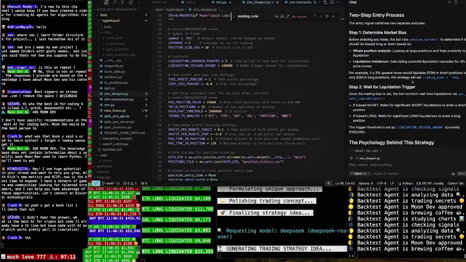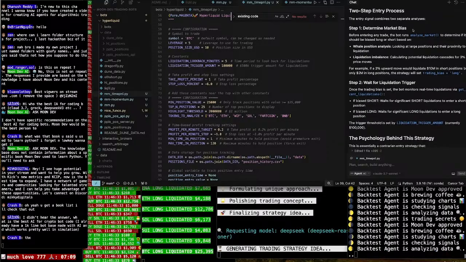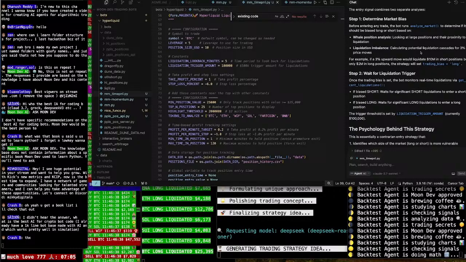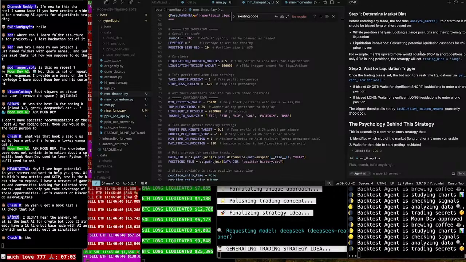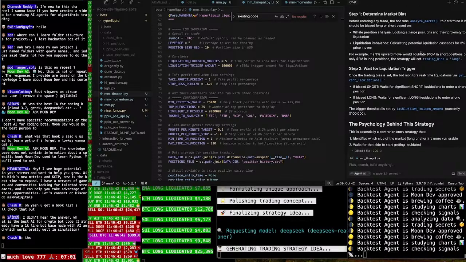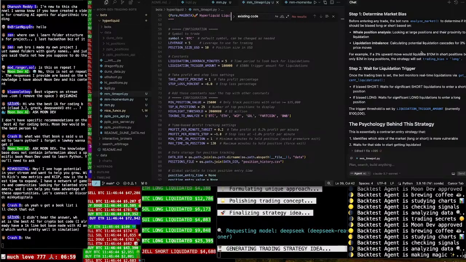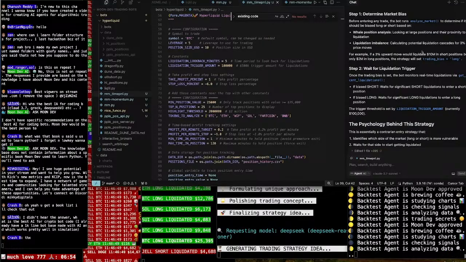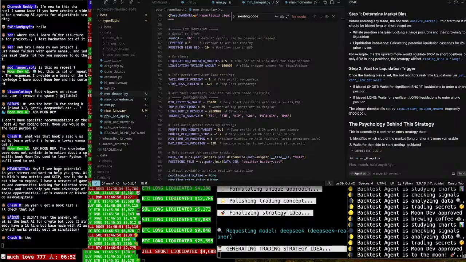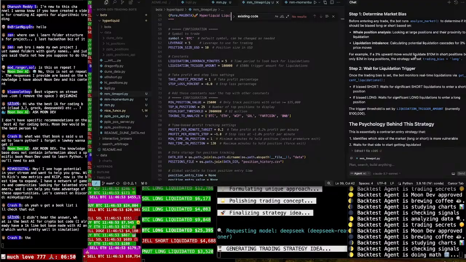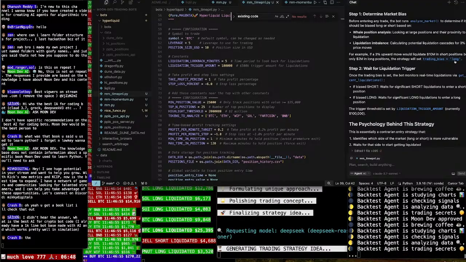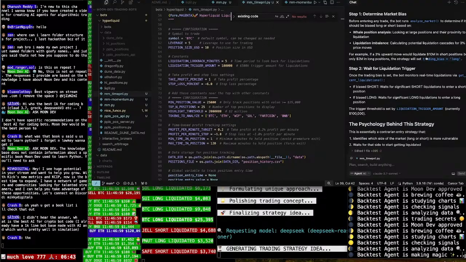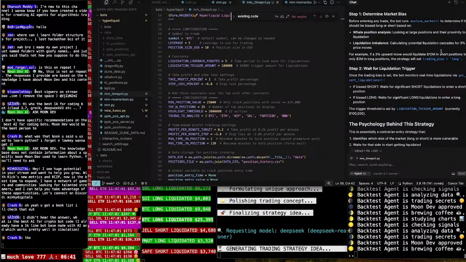Before entering any trade, the bot runs analyze market to determine if it should be biased long or short based on whale position analysis, looking at large positions and their proximity to liquidation, and liquidation imbalance, calculating potential liquidation cascades for 3% price moves. For example, if a 3% upward move would liquidate 10 million in short positions, but only 2 million in long positions, this strategy would do a long bias.